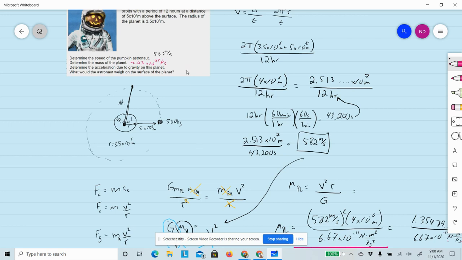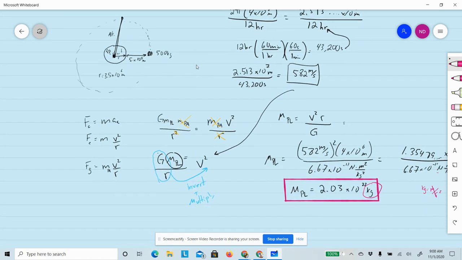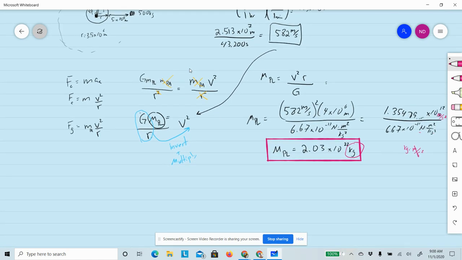Determine the acceleration due to gravity on this planet. Remember this equation. Force of gravity equals G m planet m object over r squared. The acceleration due to gravity is just this. On Earth, all of that equals 9.81.